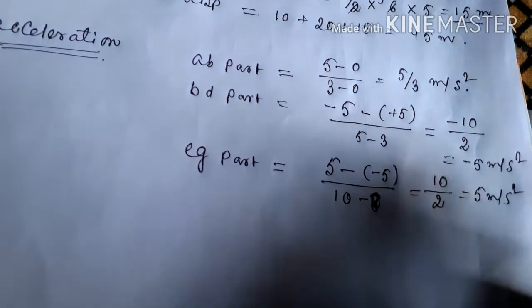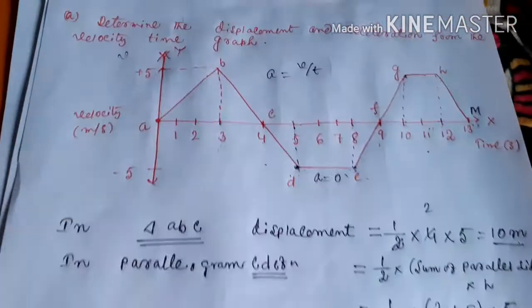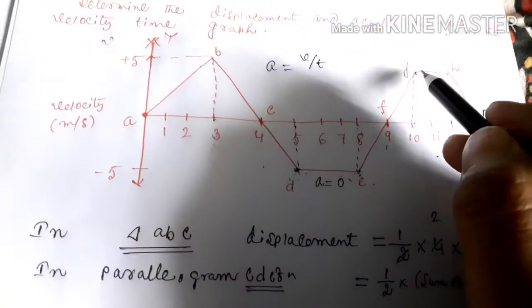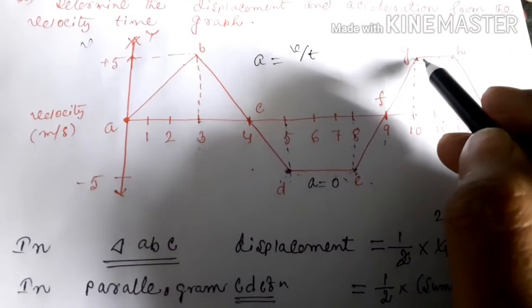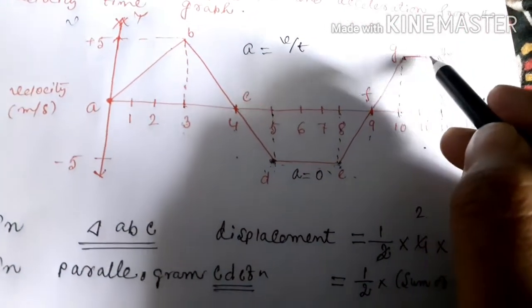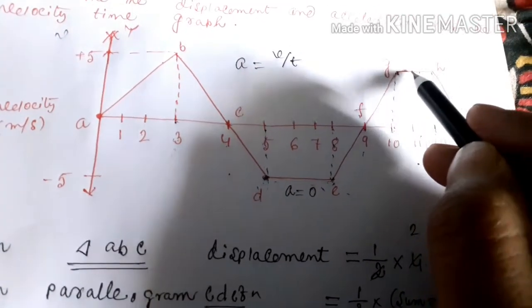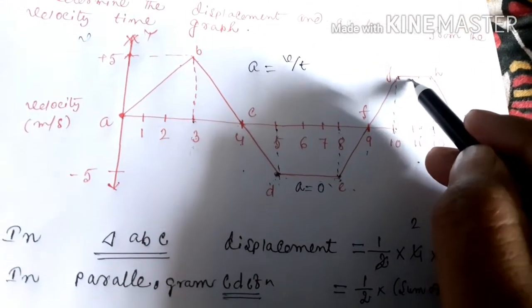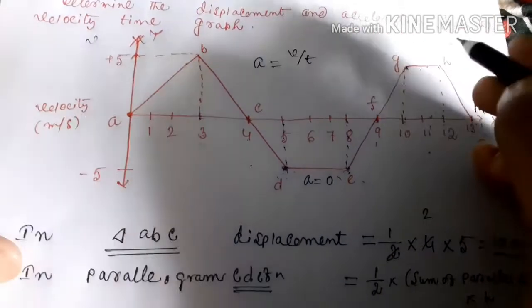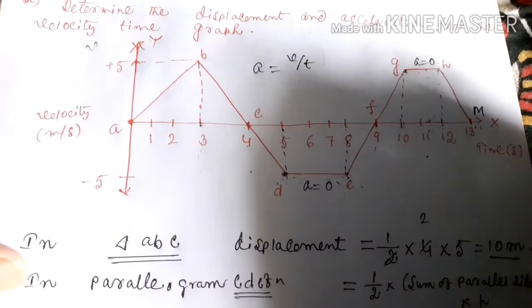Next, in the GH part, the velocity is not changed. This is a constant velocity. A line parallel to this axis means constant velocity, and constant velocity means acceleration is 0. So here also acceleration is 0.